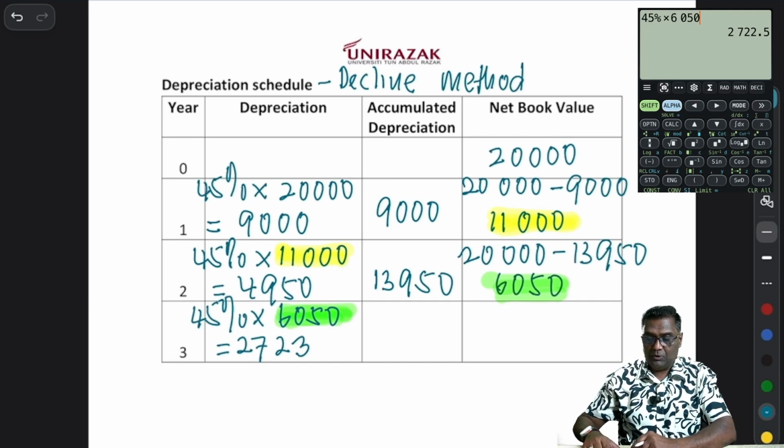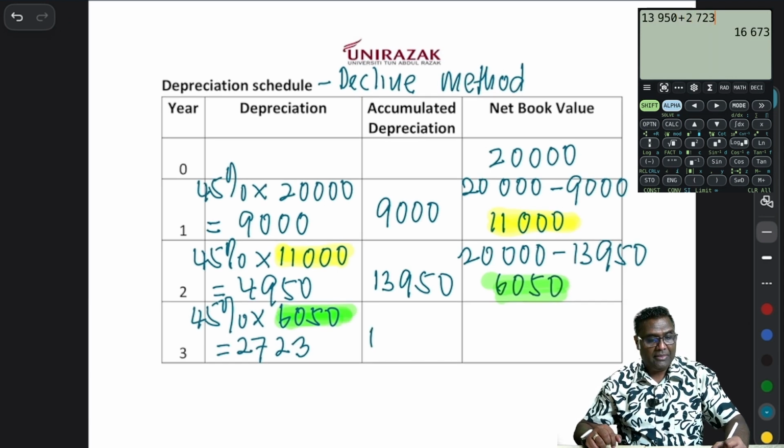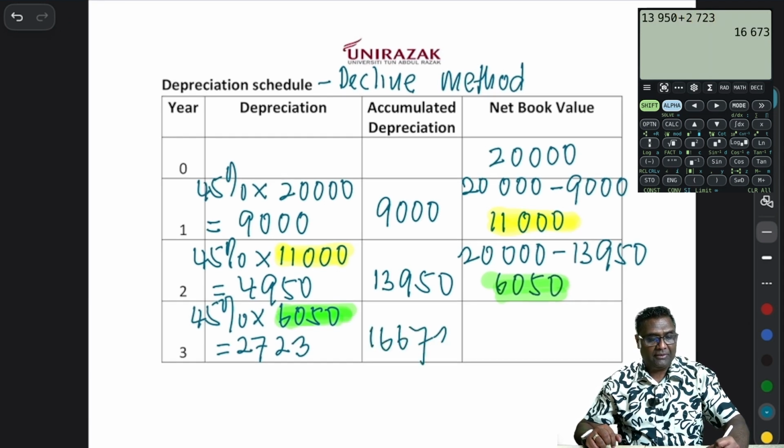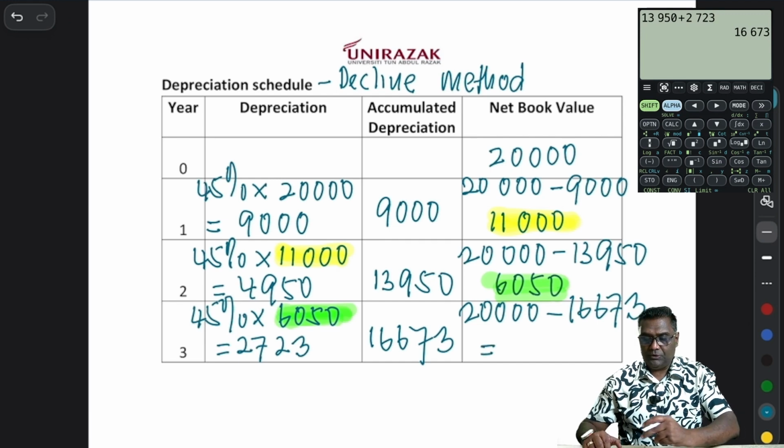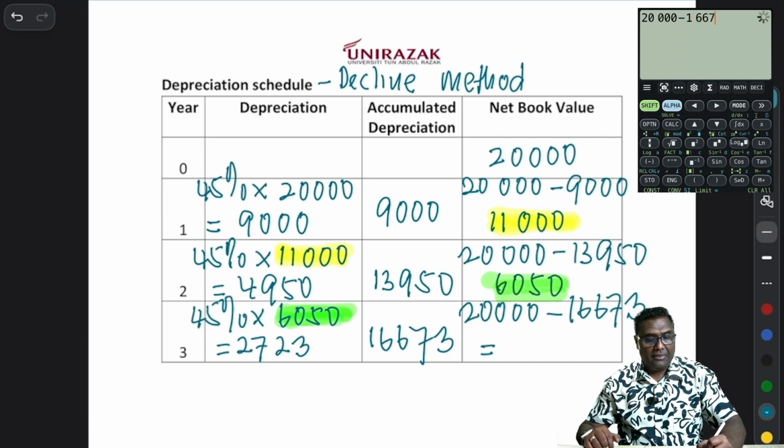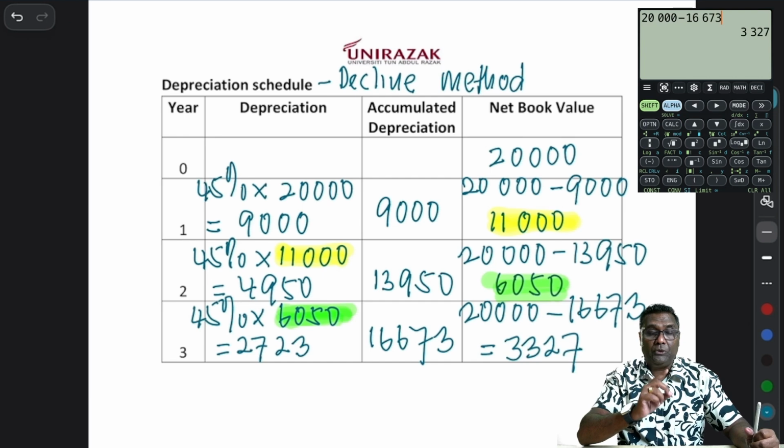So now I'm going to take 13,950 plus 2723, which is going to be 16,673. So 20,000 minus 16,673 will give you the net book value at the end of the third year. This is how we use the declining balance method.